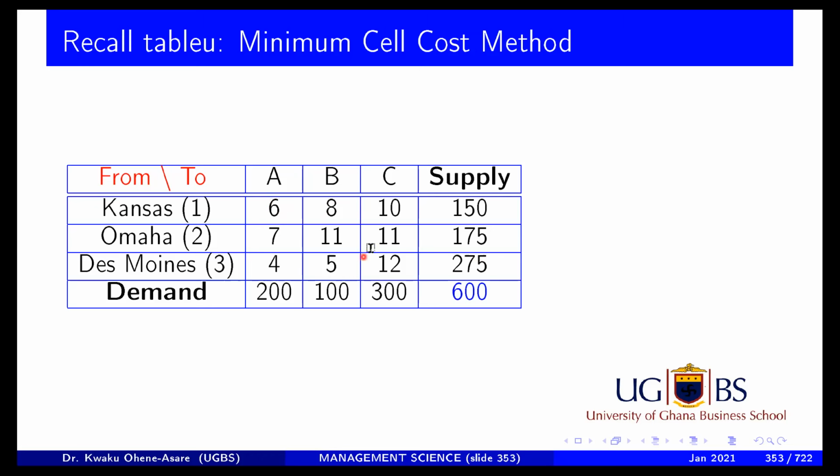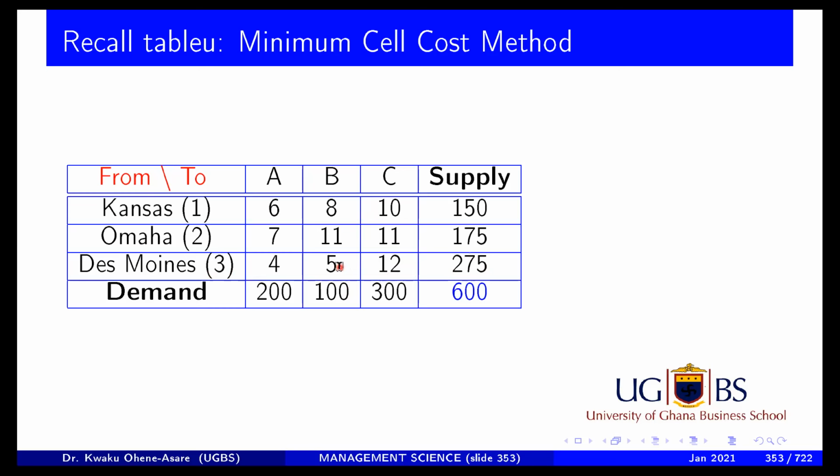So for the entire remaining space, which one has the smallest cost? And that is this 5. Remember, we are dealing with the row first. We are dealing with a row and exhaust everything here.